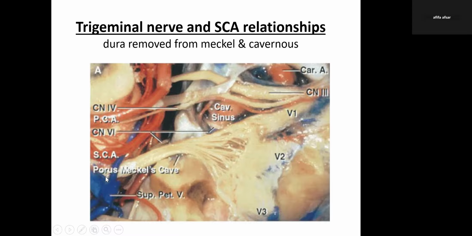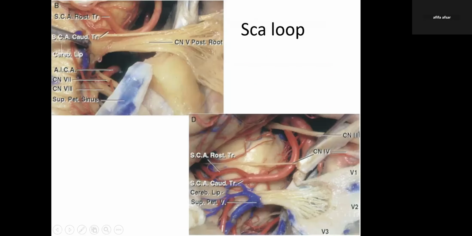As we can see, this is a bunch of petrosal veins present just at the root entry zone of the trigeminal nerve, so these could be the offending vessels as well. We can appreciate that the sixth cranial nerve lies at the base, and this is the cavernous sinus that we can trace down laterally, and this is the superior petrosal vein and the inferiorly lying ICA, which could be one of the causes in a few cases.